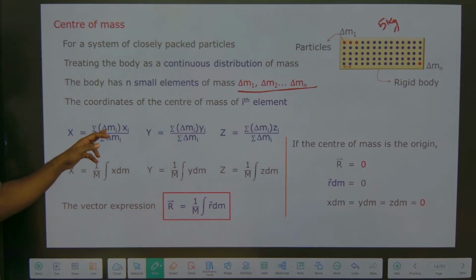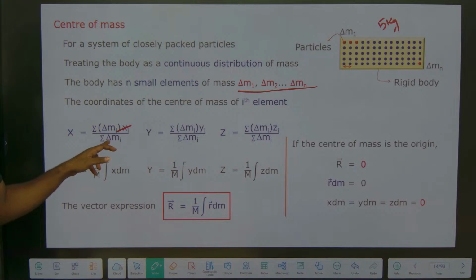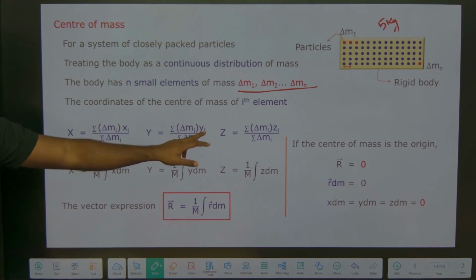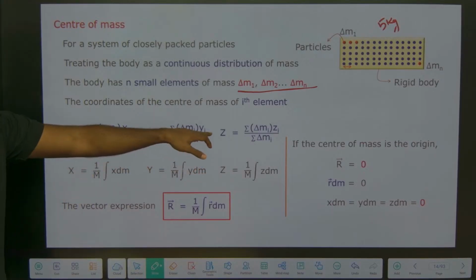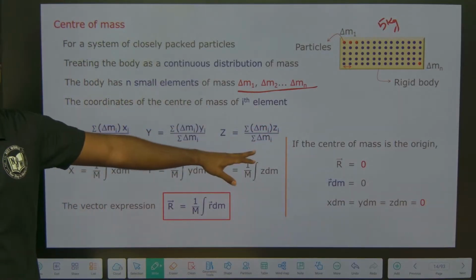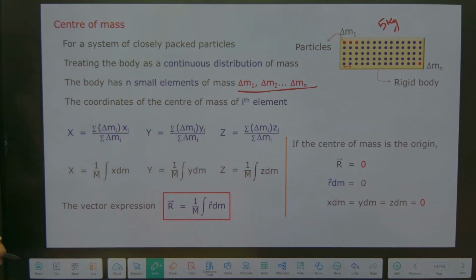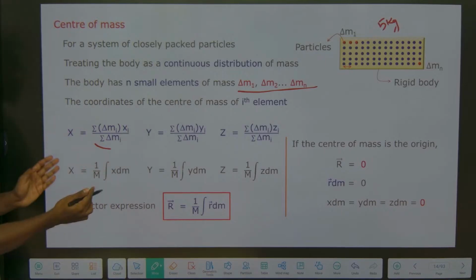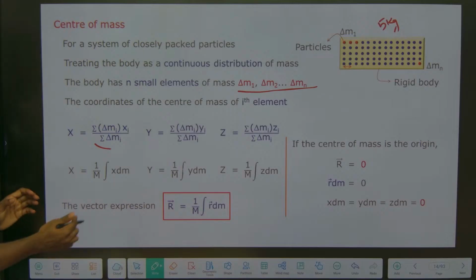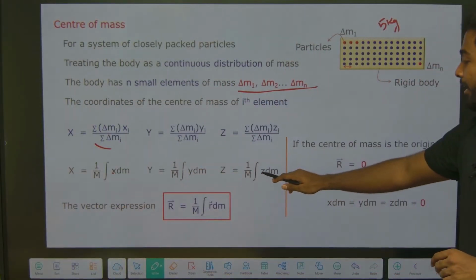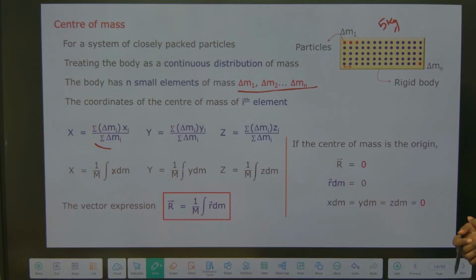Summation delta mi xi by delta mi for the x center of mass; for y center of mass, instead of x it is y, and for z it is z. Taking the total mass M commonly outside, it is 1 by M integration x dm. Similarly 1 by M integration y dm and 1 by M integration z dm.